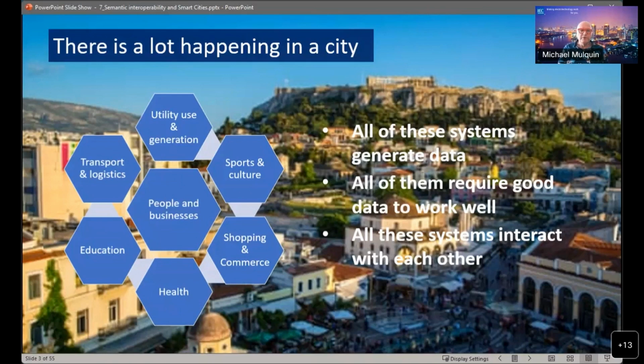But it's also really important to remember that each of these systems in a city interact with each other. And you can't see these things as silos. The data that's being collected in one system can be enormously valuable in the other systems.